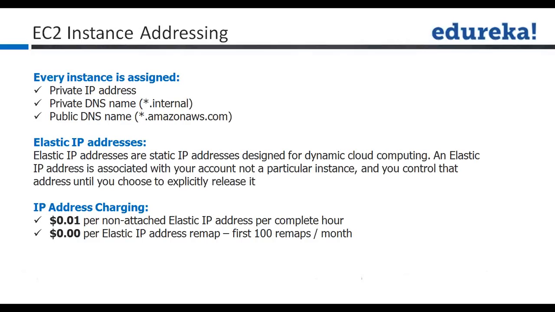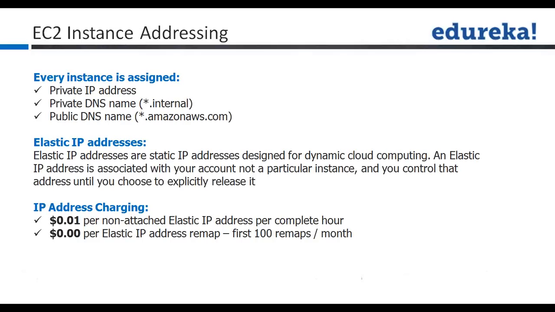If they both talk on a private IP address, it would be either free based on the availability zone or much cheaper. If they talk on a public DNS, it would be costly because all the requests would go through the internet, not through the Amazon internal network.